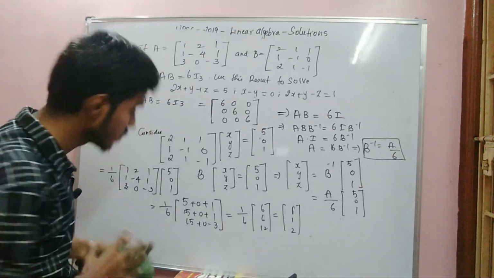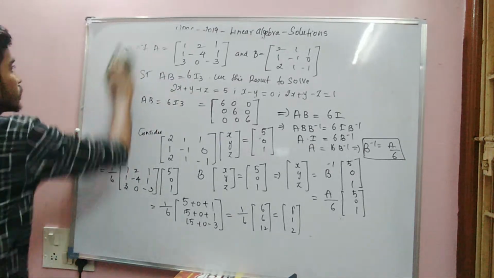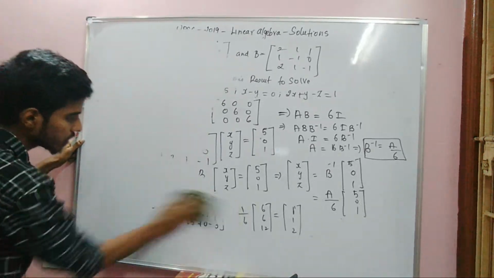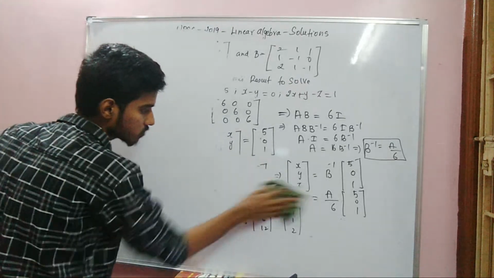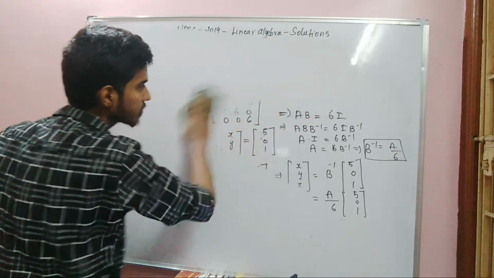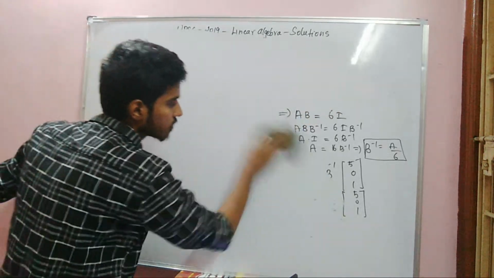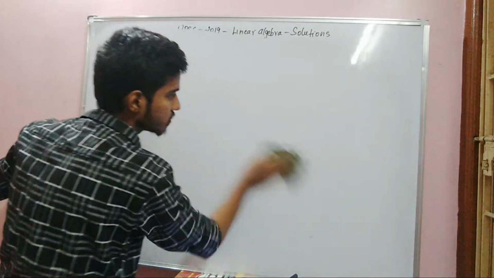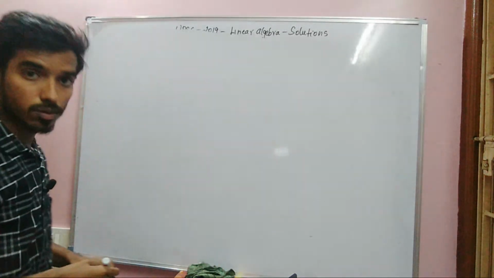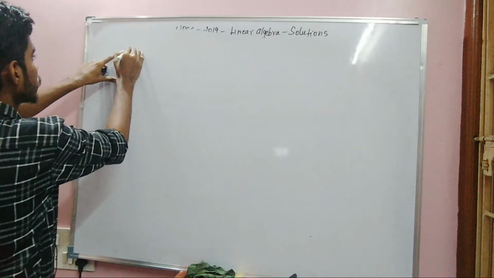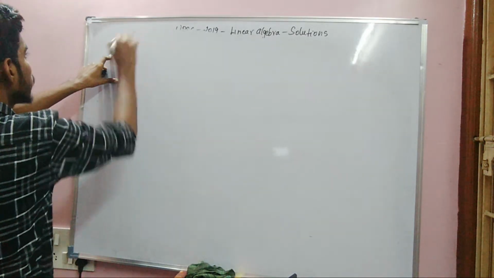Yes, this question is asked in 20 marks, right? So far we have solved 3 problems. First question 10 marks, second question 15 marks, third question 10 marks. So 35 marks from these 3 questions. Now I'm going to solve the 4th problem, and this question carries 20 marks.